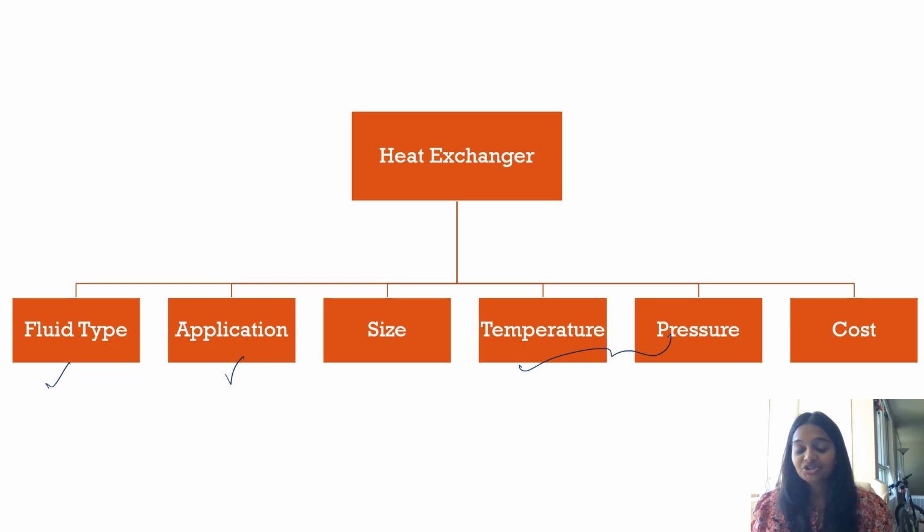And based on temperature and pressure, what are your process fluid's temperature and pressure, you can decide which heat exchanger to use. And this being the most important factor, cost: which is most economical for your plant, that type of heat exchanger you can use. So based on these few parameters we can classify which heat exchanger we can use.